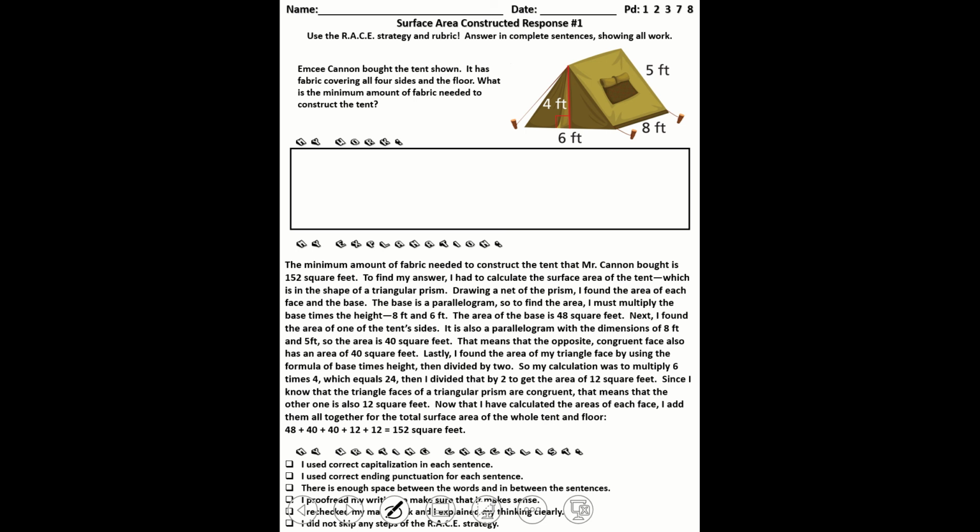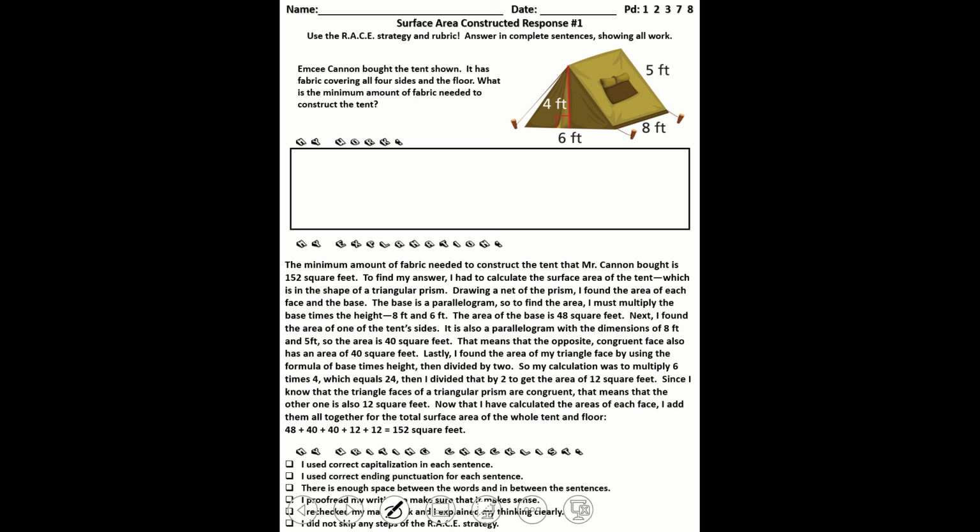The area of the base is 48 square feet. Next, I found the area of one of the tent sides. It is also a parallelogram with the dimensions of 8 feet and 5 feet, so the area is 40 square feet. That means that the opposite congruent face also has an area of 40 square feet.